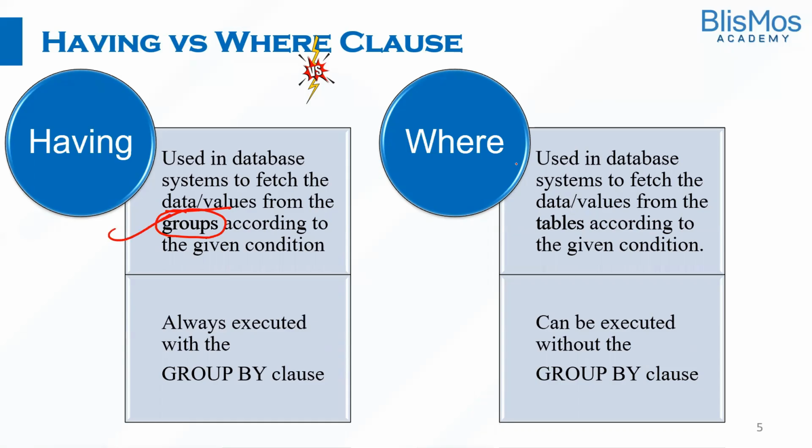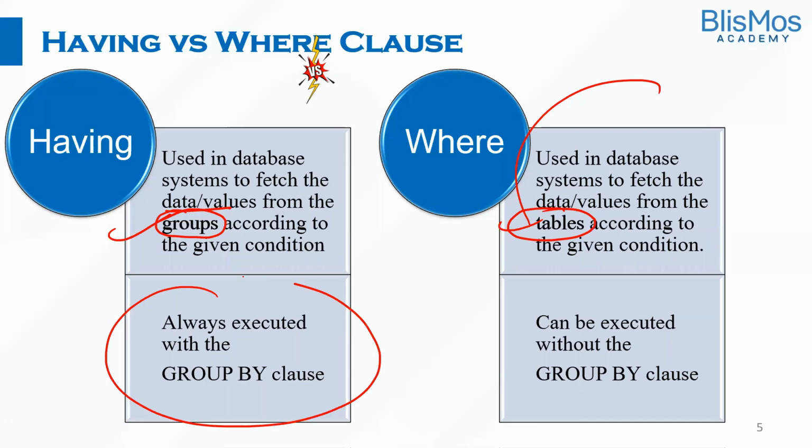On the other hand, we use the WHERE clause to fetch the data or values from the tables. This is groups. When I say tables, we are referring to the columns there. HAVING clause is always executed with the GROUP BY clause. On the other hand, it is not necessary for WHERE clause to always be executed with GROUP BY clause.